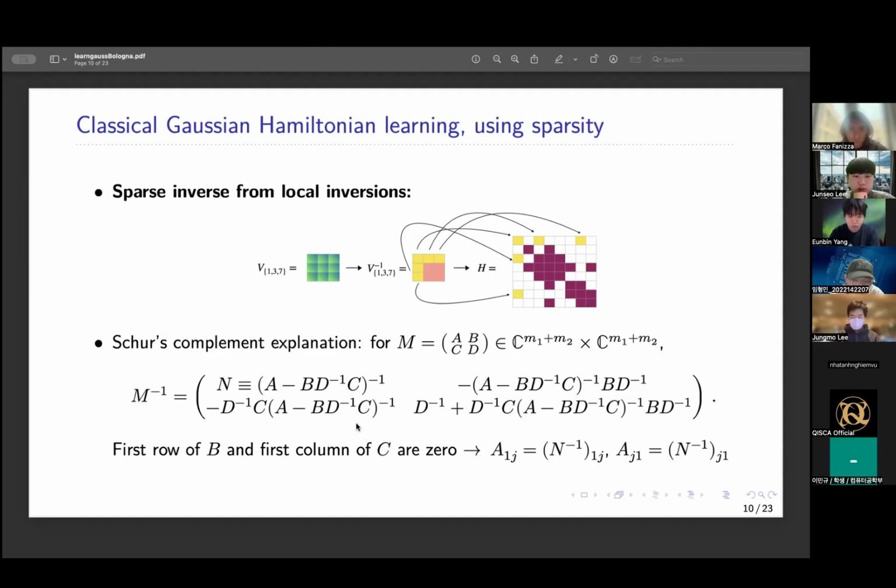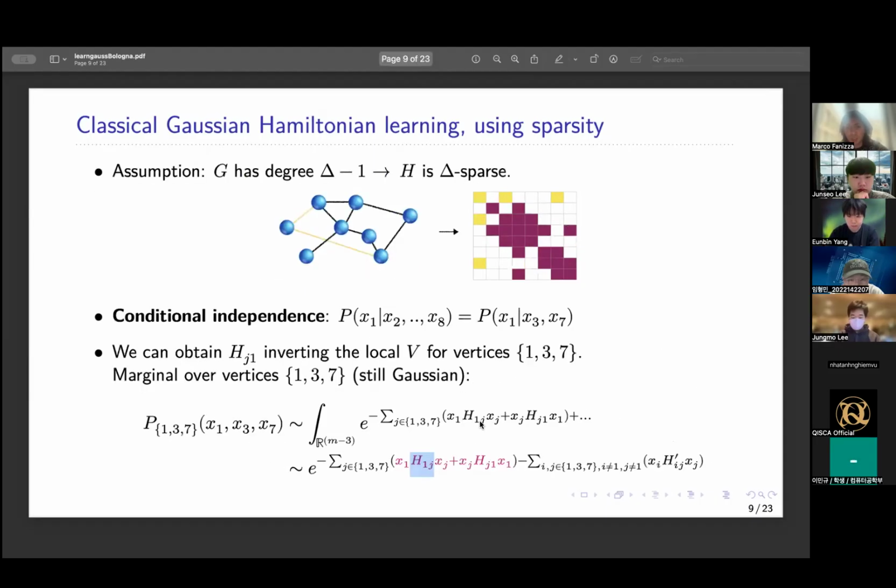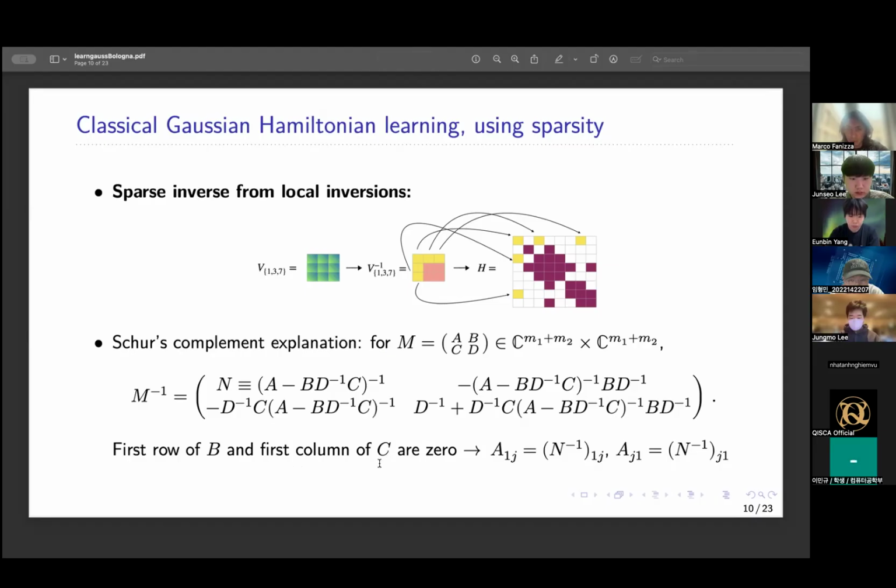I would also like to say that we had an explanation for this phenomenon just by looking at the density and how it behaves under marginalization.